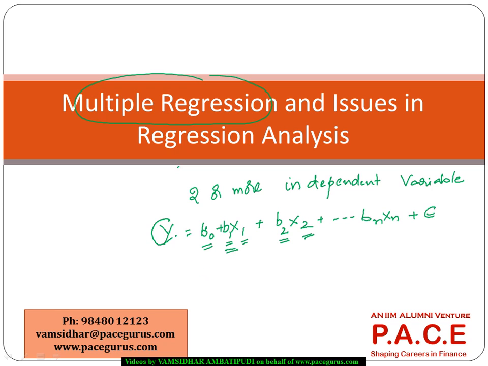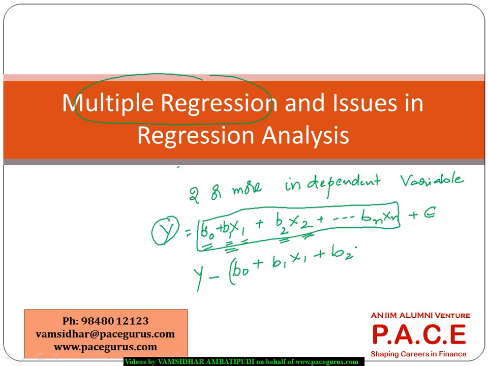So if I assume that this is the actual value and this is my predicted value, the difference between the actual and the predicted, the square of it, is nothing but the error squared.